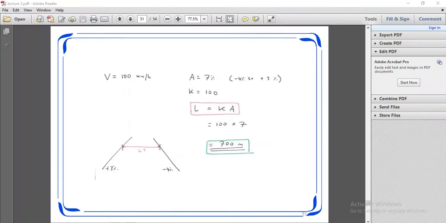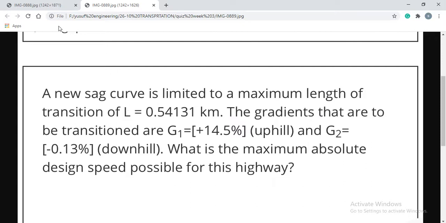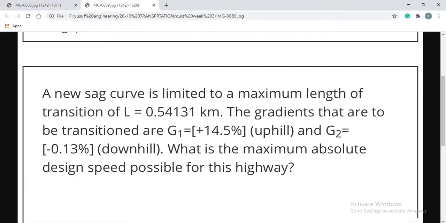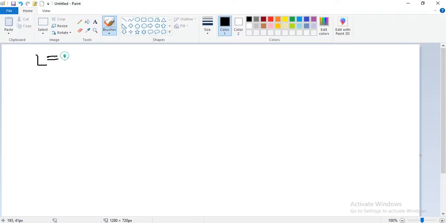So here the length is equal to 0.54131 kilometer.